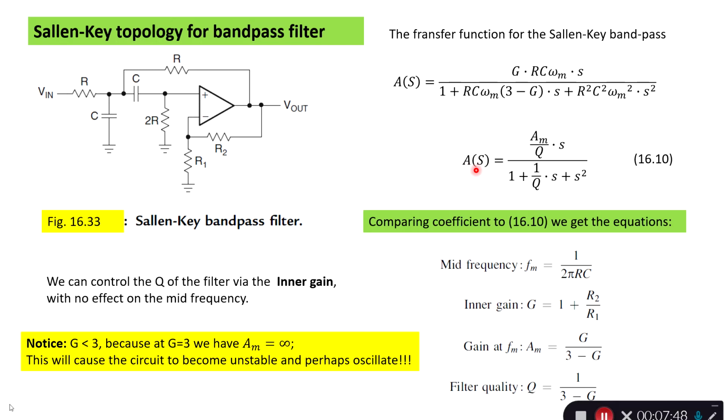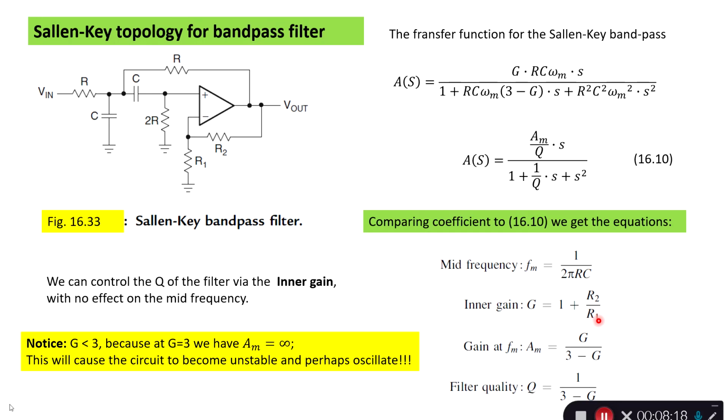So comparing our standard second order bandpass with this equation for the circuit, we can see that the mid frequency is 1 over 2 pi RC. The inner gain, that's related to the op amp's gain factor here, is 1 plus R2 over R1.